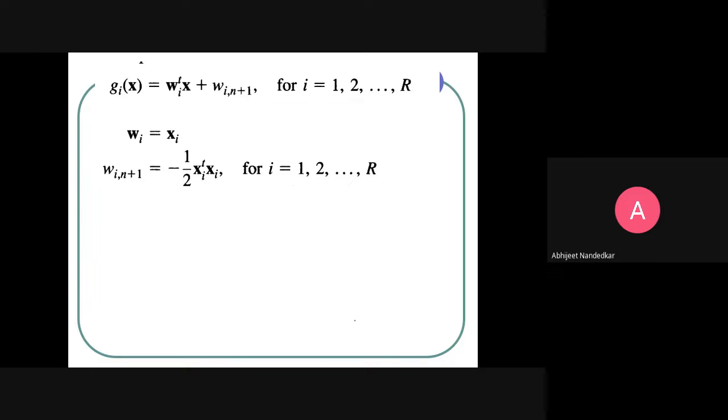Now take our equation that is already derived for this problem. We have Gi(x), our discriminant function based on the minimum distance principle.